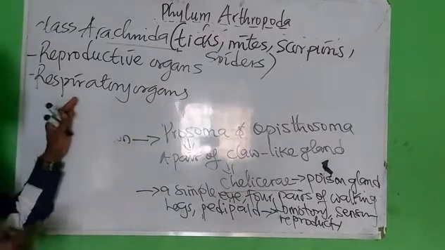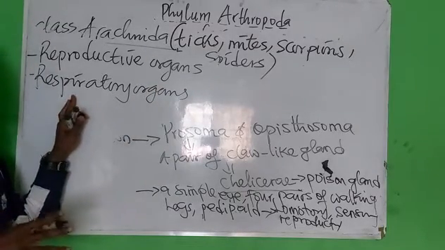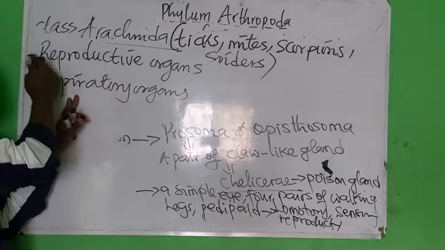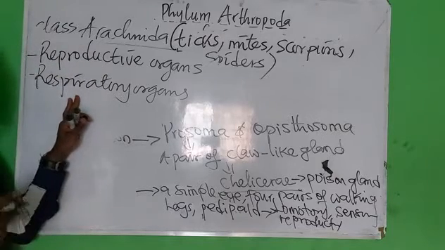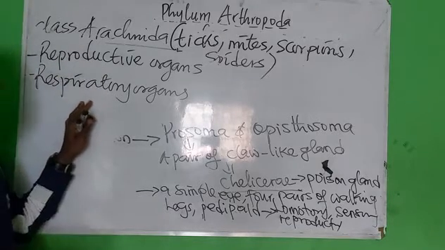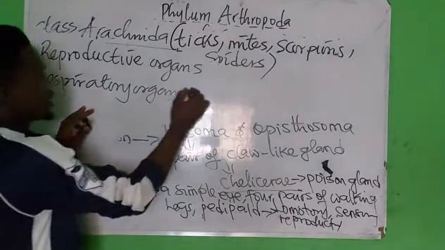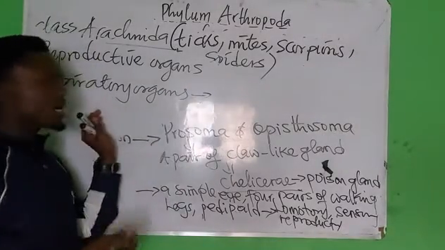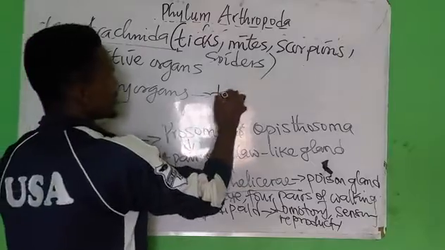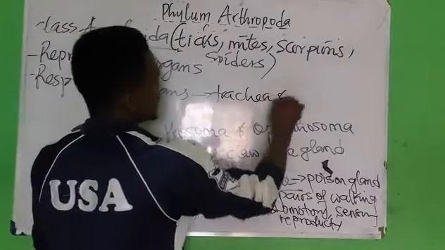Though the excretory organ is also found in that region, I have to be specific when giving you this. I don't want to start saying what you don't have in your textbook. Now, the respiratory organs, of course, you know it is what? The trachea and book lung.